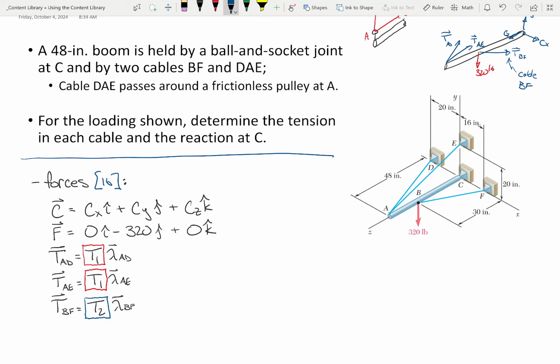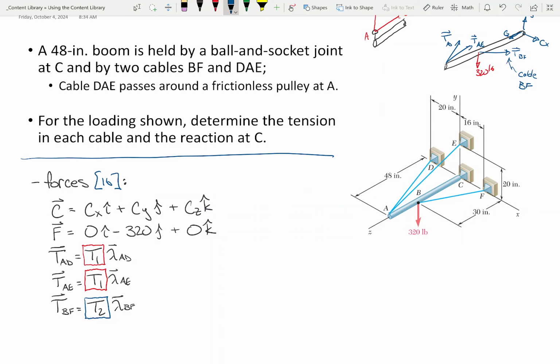Why am I using the same magnitude? Because it's the same cable, right? The idea is that these magnitudes are the same. Does that make sense? Are we okay with that?